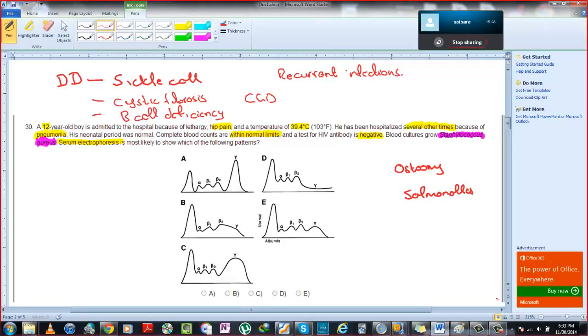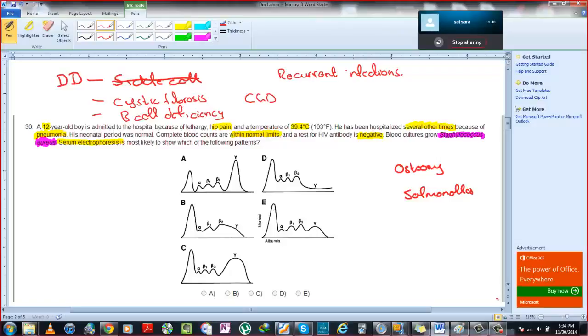So now it's given us a serum electrophoresis, and we need to figure out which one is the most likely pathogen. Okay, so now we know, with the serum electrophoresis, we've sort of ruled out sickle cell. We have cystic fibrosis, B cell deficiency, CGD, or any other immune deficiency syndrome.